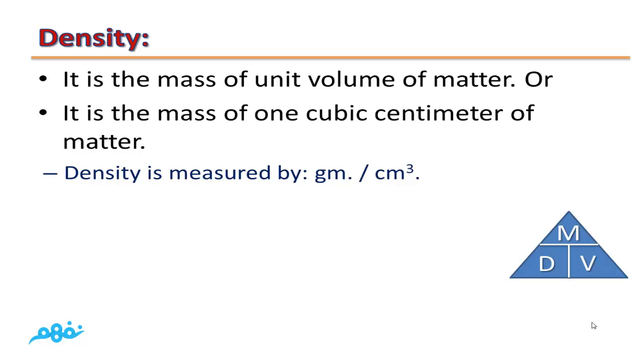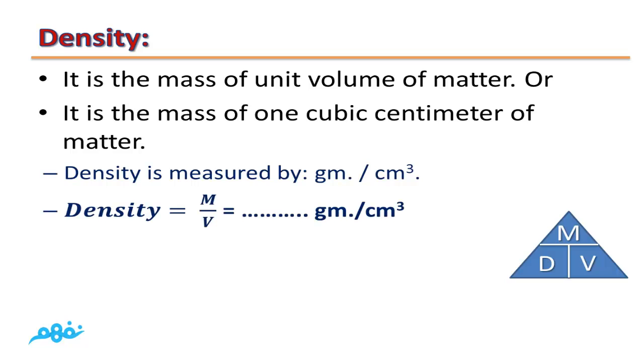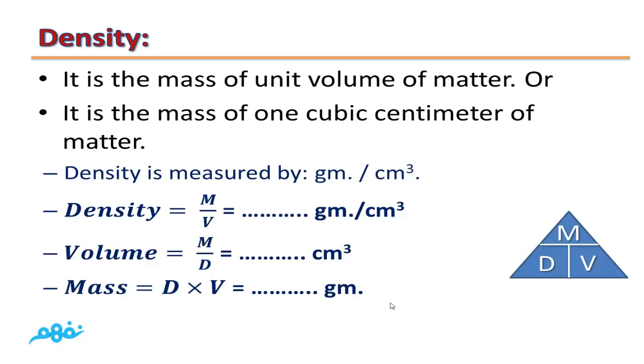The mathematical relation that we will use to calculate density is density equals mass over volume. And the number that we will get from this calculation will be in gram per cubic centimeter. If you want to find the volume, volume is equal to mass over density, and the unit is cubic centimeter.